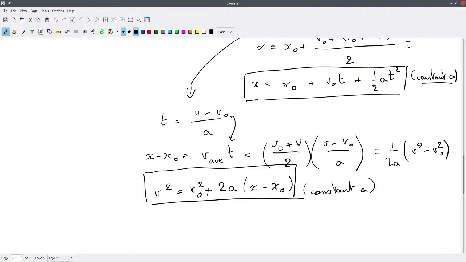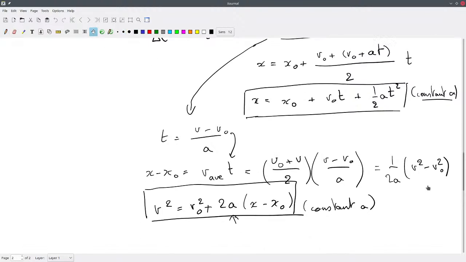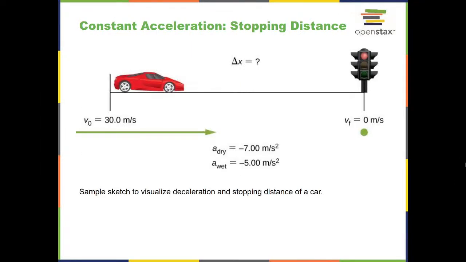So why would we use these equations? Well, of course, this last one we've determined doesn't involve the time. So this will be, for example, an equation we would use in the case of determining the stopping distance. This is a car stopping in front of a red light, and the question is, given the initial velocity and the final velocity, hopefully 0, and the acceleration, what is the distance it takes to change the velocity from 30 meters per second to 0 meters per second?